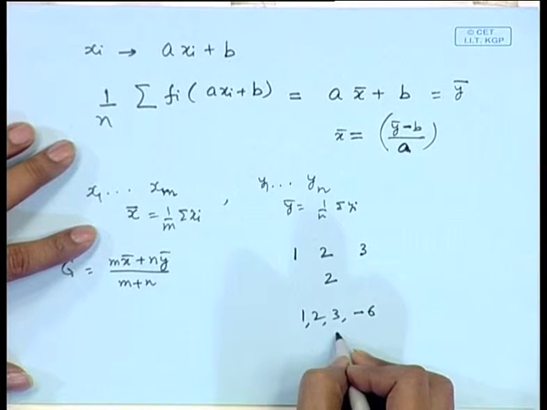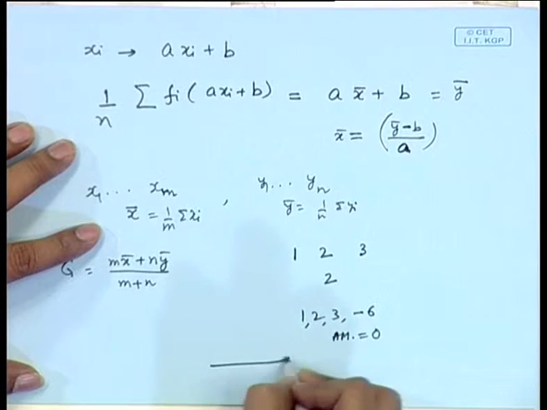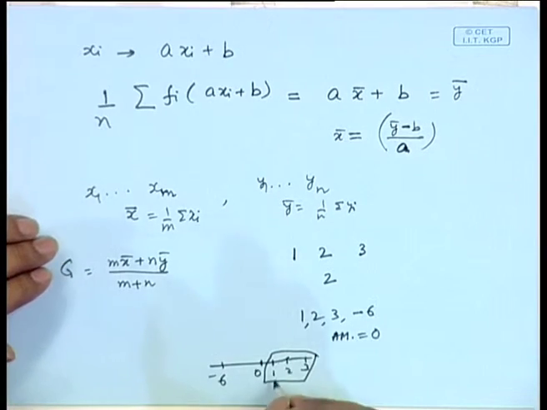The sum is 0 and therefore, the arithmetic mean will turn out to be 0. Now, if you are looking at this sequence minus 6, 1, 2 and 3, then actually 0 is not occurring anywhere, and in fact, 0 is less than 3 of the values. So, in some sense it is affected by the extreme values.